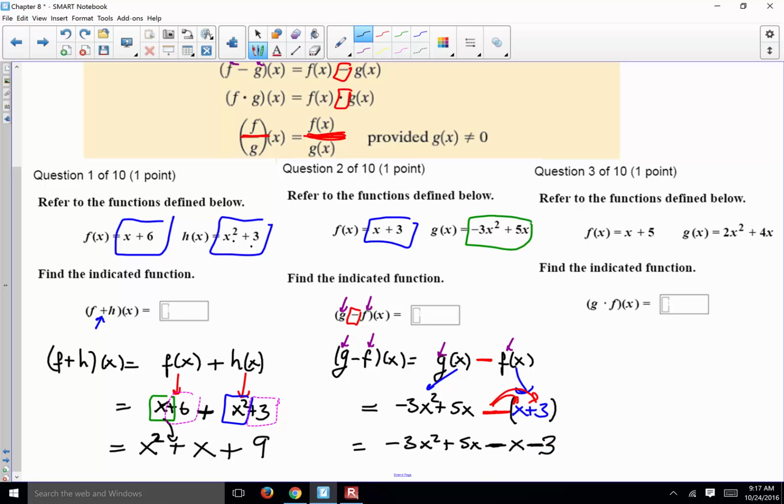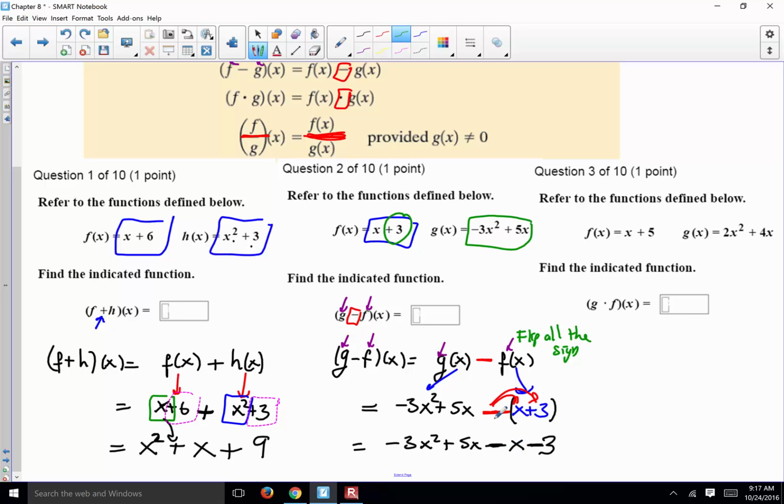The second one should be flipped. In other words, you need to flip all the signs in the second function. All the signs. So x becomes minus x, positive 3 becomes minus 3. Got it?